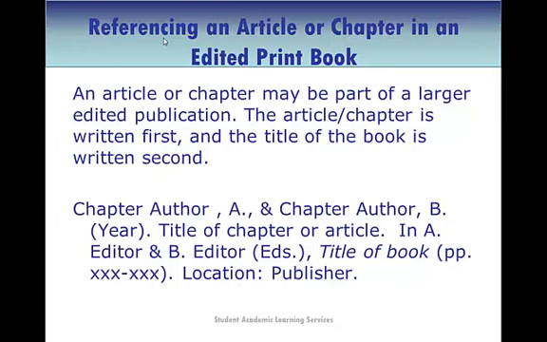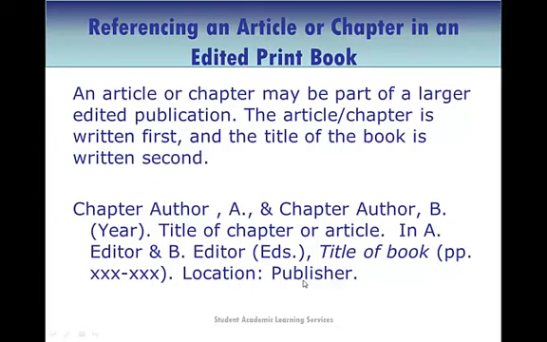But if you see editor, then you're going to follow the example for referencing an article or chapter in an edited book. The difference between this and the authored book is that an edited book has a chapter author and it also has editors. So the chapter author is who wrote that particular chapter, then the year, always with APA, then the title of the chapter, then the name of the editors, the name of the book, the pages for the chapter, the city, and the publisher.